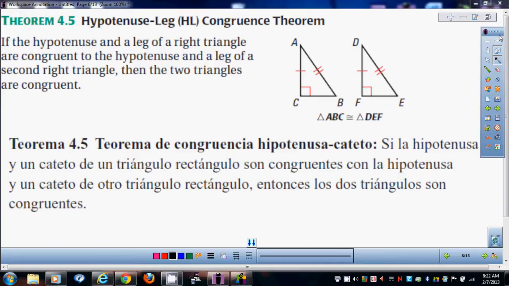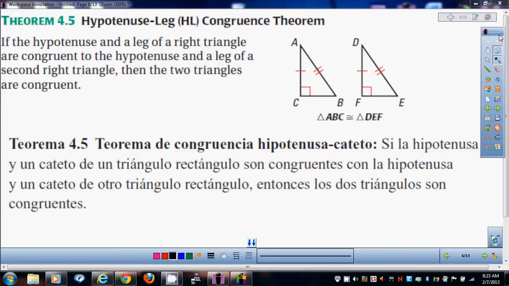Let me ask you this, outside the box question. Why do you think it has to be hypotenuse leg? Why couldn't it be leg, hypotenuse, leg? Why do they specify hypotenuse? What if I knew these two sides? Why is it not necessary for this theorem to talk about this situation? I'll give you a hint.